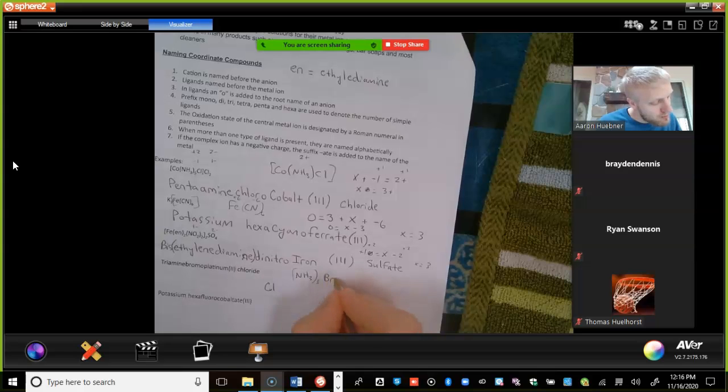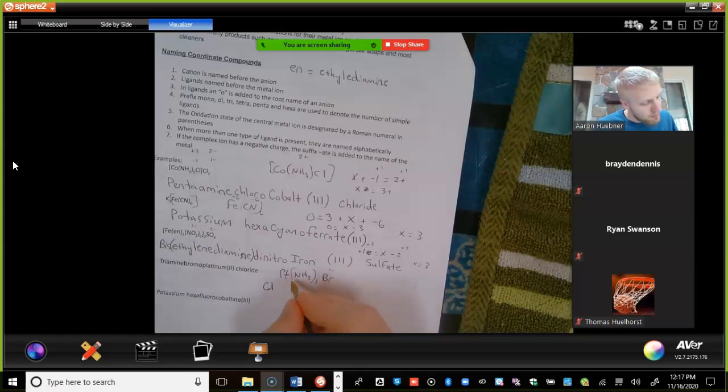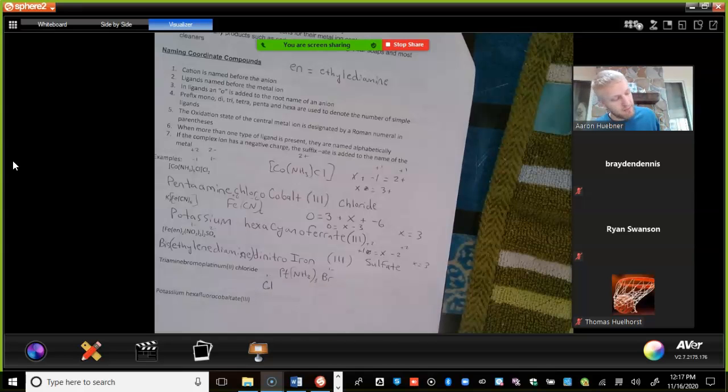Bromo, Br, there's just 1 of them, and that's -1. And then platinum, so typically you write the transition metal first. So we got platinum, and chloride is -1, so we need this complex ion to be a +1 to offset that.